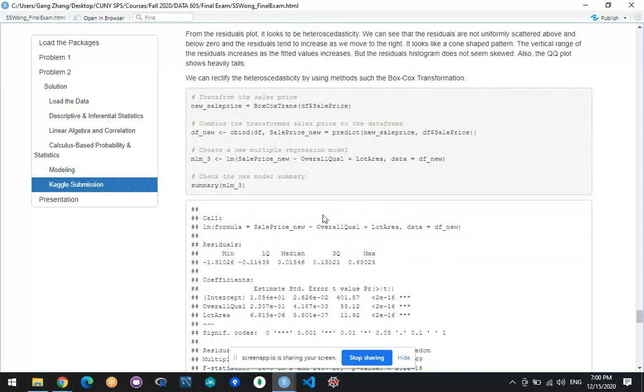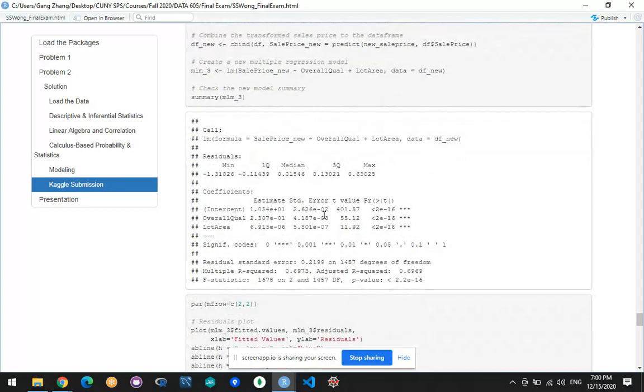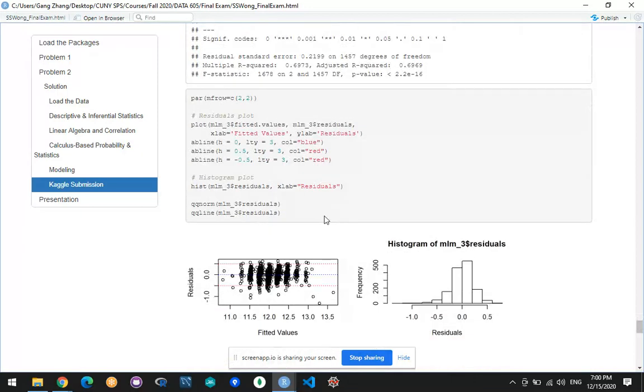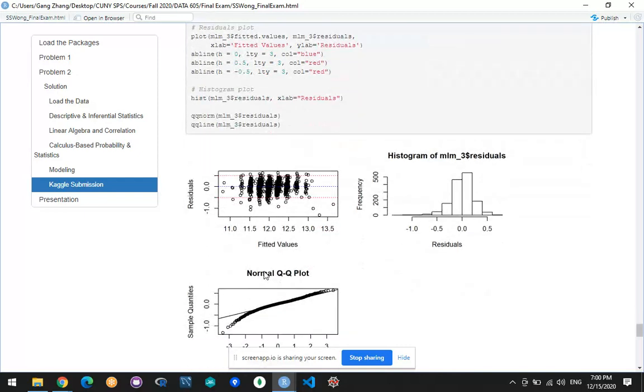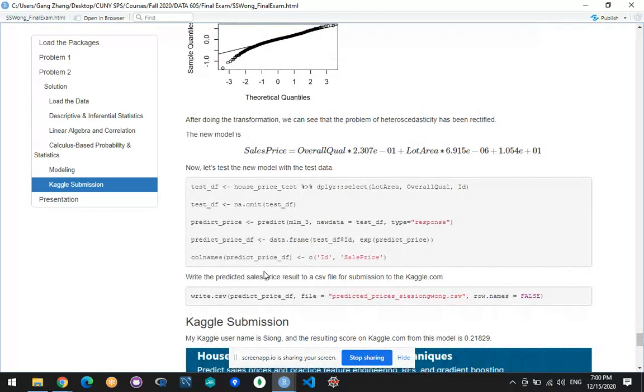You can see that after doing the transformation, the problem of heteroscedasticity has been rectified.